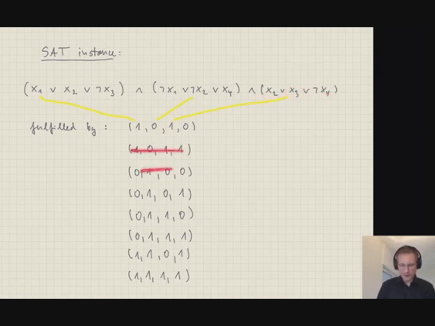And so we have our list of truth assignments for the Boolean variables, which would fulfill these 3 clauses and hence the formula.